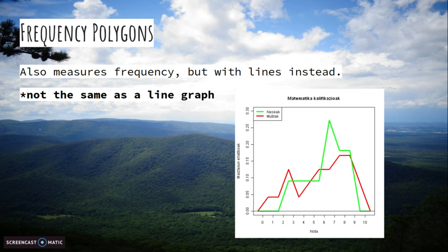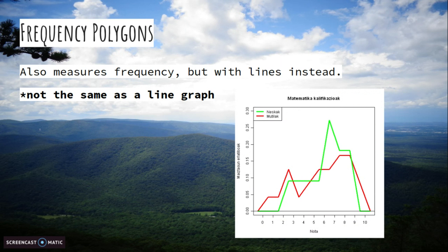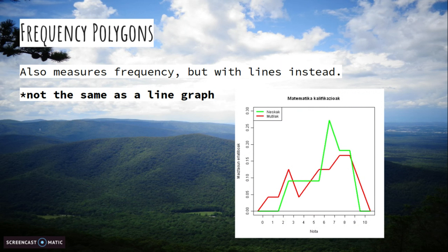Frequency polygons also measure frequency, so they measure the same thing as histograms, but they have lines instead. This is not the same thing as a line graph. You can make an analogy: histogram is to frequency polygon as bar graph is to line graph, because bar graphs and line graphs measure about the same thing, and histograms and frequency polygons measure about the same thing, but they look alike and are not the same.